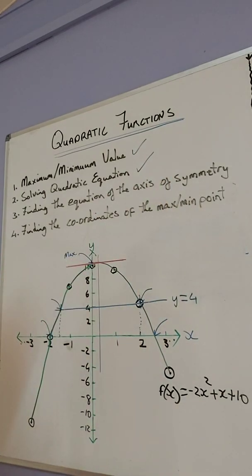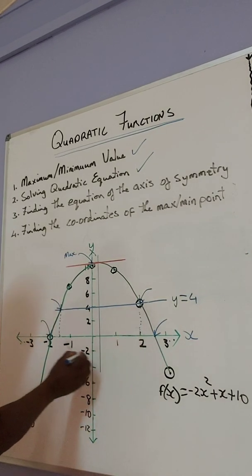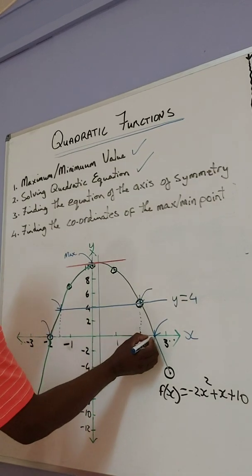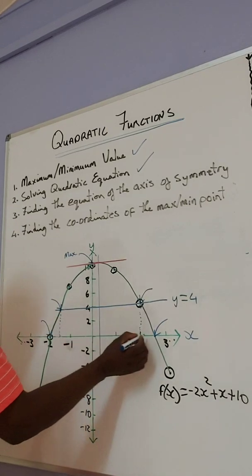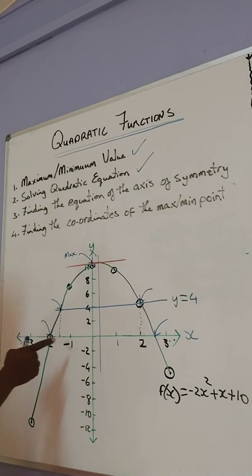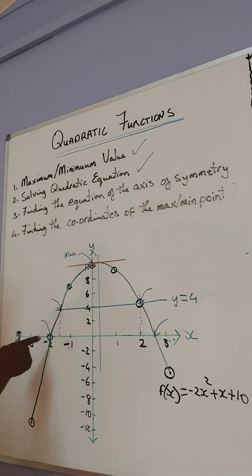To find the axis of symmetry, you can measure between the points where the graph intersects with the x-axis. That is to say, at this point here and this point here, I can use a ruler to measure between here and here. And when I get the distance between here and here, because I know the scale in which we use 2 centimeters to 1 unit, the distance should give me 8.5 centimeters.